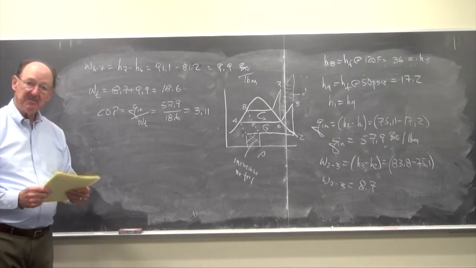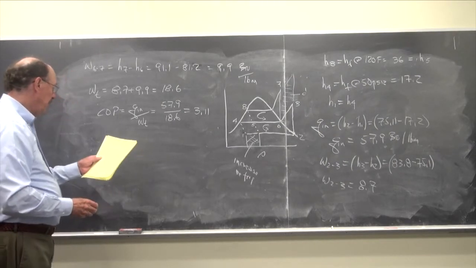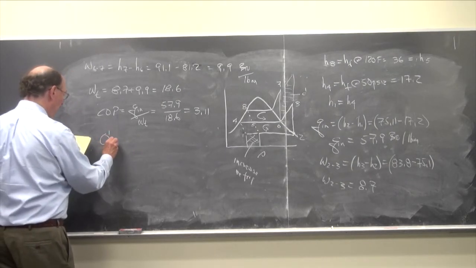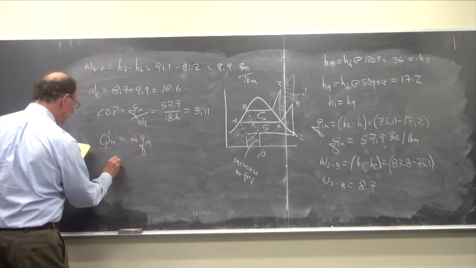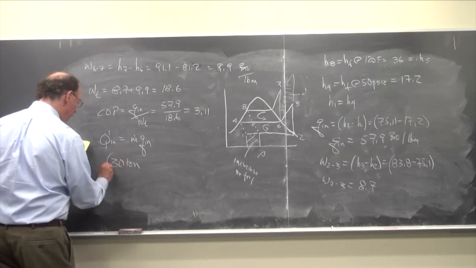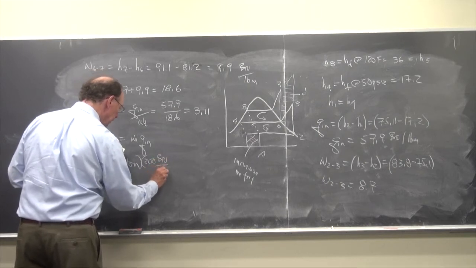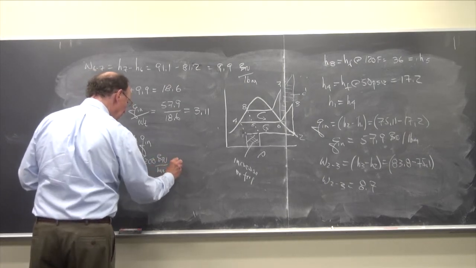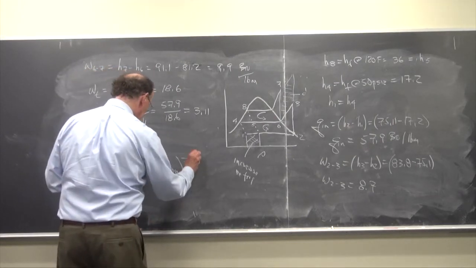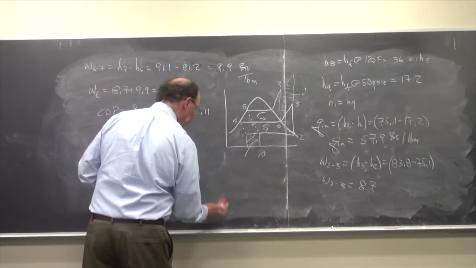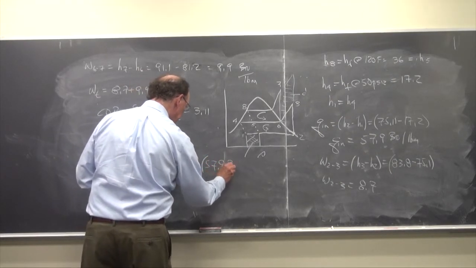And we can find the mass flow rates for the various cycles. So Q dot N is equal to m dot times Qn. So we have 30 tons times 200 BTUs per minute per ton is equal to m dot times little Qn, 57.9 BTUs per pound mass.